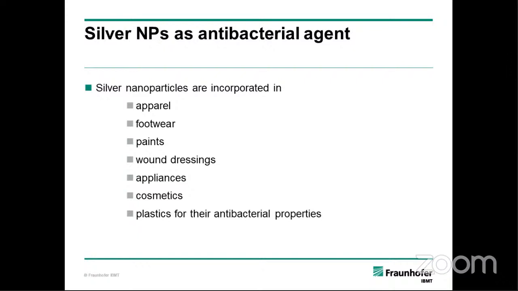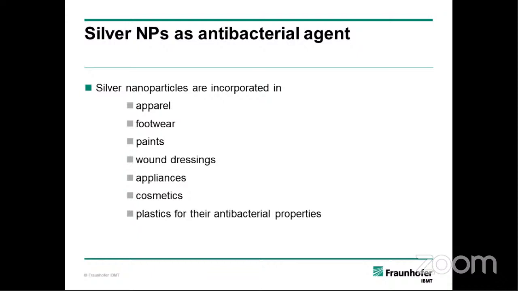As we know, the socks in the shoes are very smelly. Our feet are very smelly. These are the bacteria actually. When we have the lining of silver nanoparticles on these socks, they are not going to produce that bad odor from our shoes and from our socks.